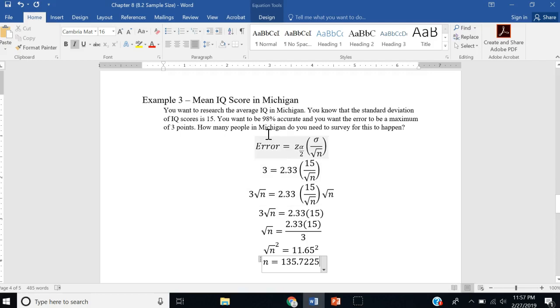So if we wanted to find the average IQ score in Michigan, and we wanted to make sure that we're accurate within 3 points, we better sample 136 people from Michigan. And there you have it. So that's how we deal with averages and finding sample sizes for averages.